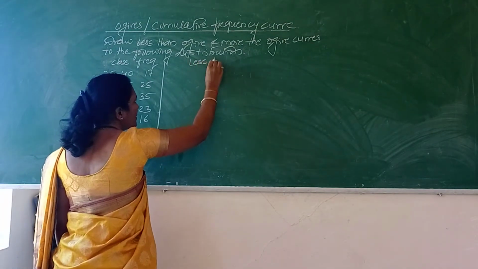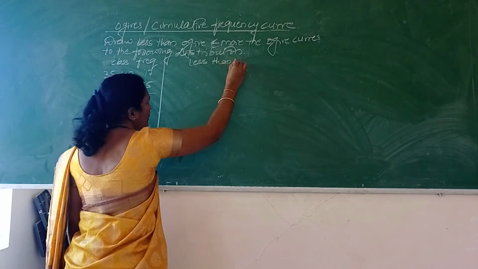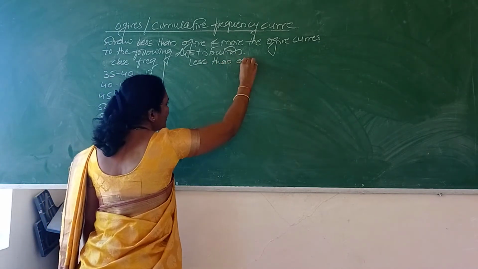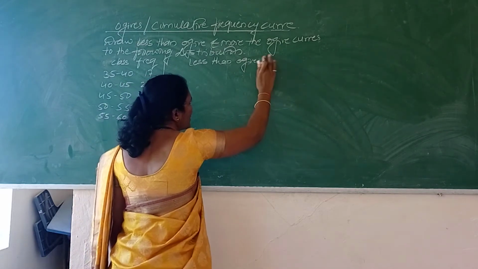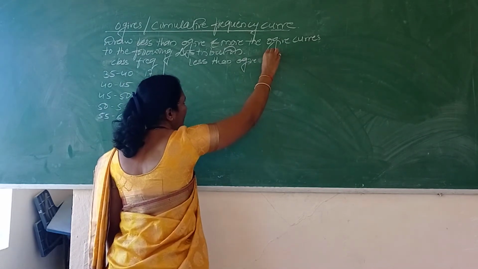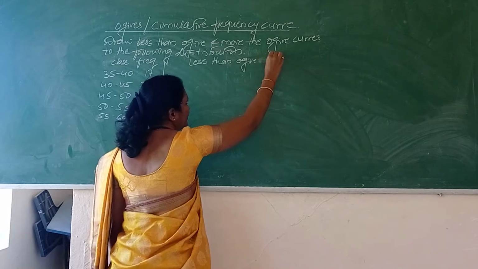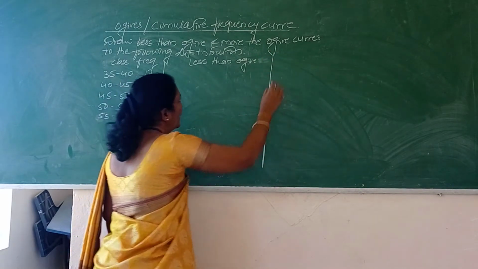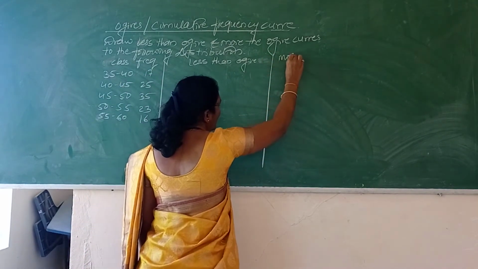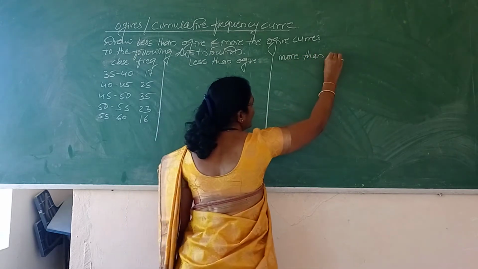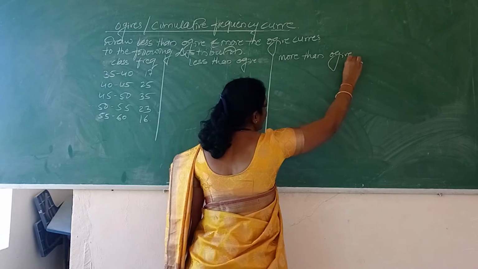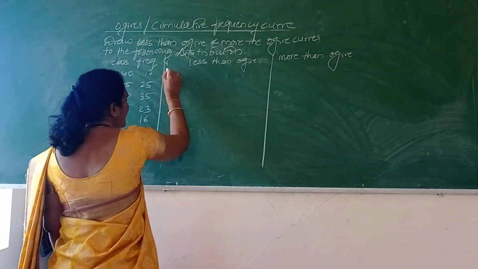Less than Ogive curve, just write Ogive. Then more than Ogive.